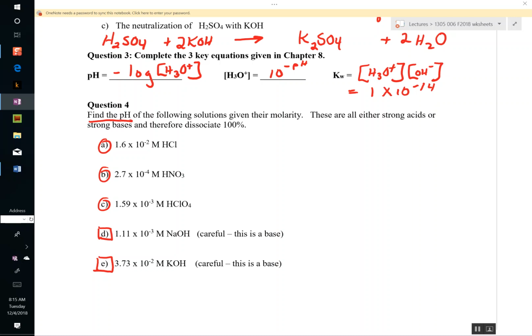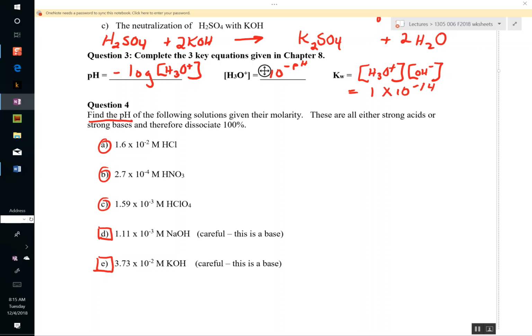This is just saying the same thing twice. It's a strong acid. It dissociates 100%. That's what we've defined a strong acid as, right? Strong, it completely dissociates. Weak, it only partially dissociates.